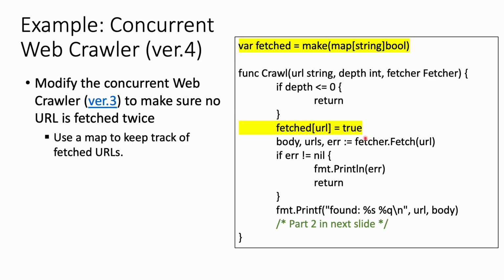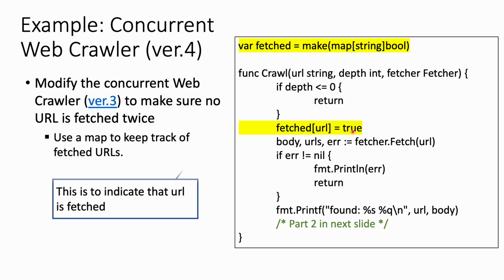To make sure no URL is fetched twice, we use a map to keep track of fetched URLs. So we declare variable fetched as a map from string to bool. When the starting URL is fetched by function crawl, we set the value of the map fetched at that URL to be true.